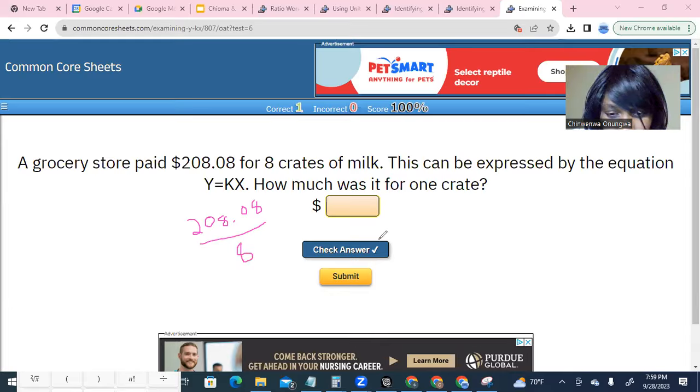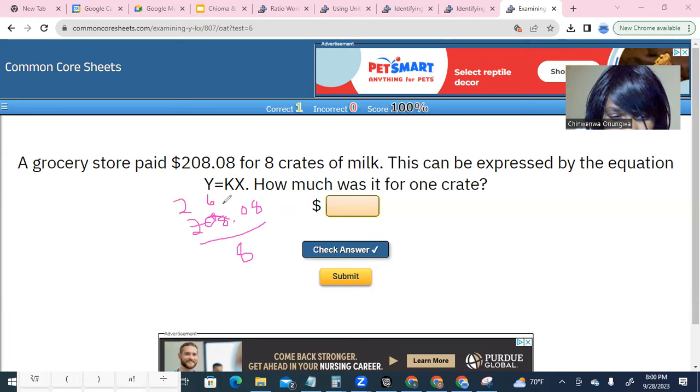So 8 will go into 20 2 times, 16. So that'll give me 4 left over. I'll just put the 4 really small in front of my 8 right here, and we'll look at this as 48. 8 will go into 48 6 times.